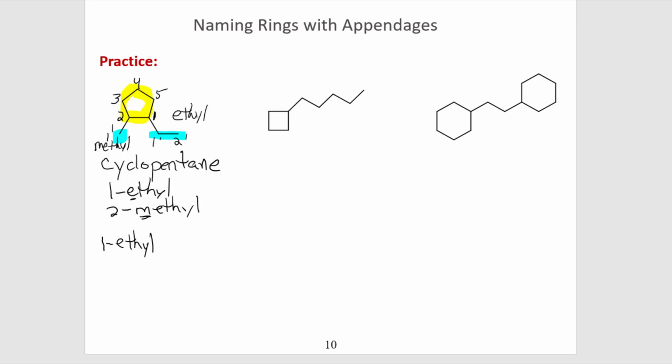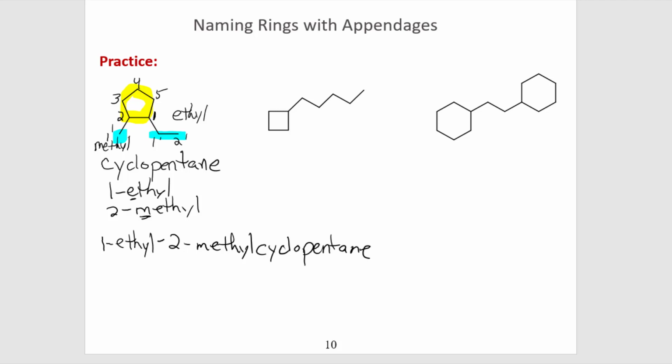I like the 1 being there, but I will warn you, sometimes you will see the start of a name as ethyl propane, and that doesn't make any sense, but if it's at the first carbon, then it's going to be an assumed 1 in front of it, but I'm going to write the 1 in. 1 ethyl, 2 methyl, cyclopentane. And there you go.